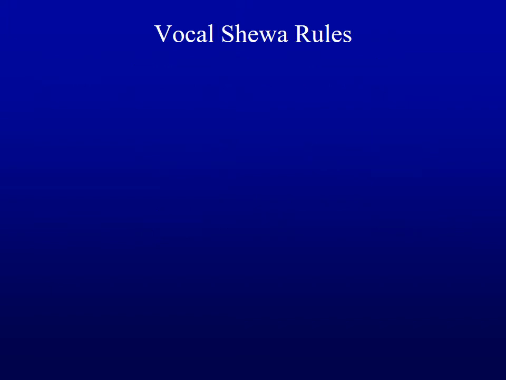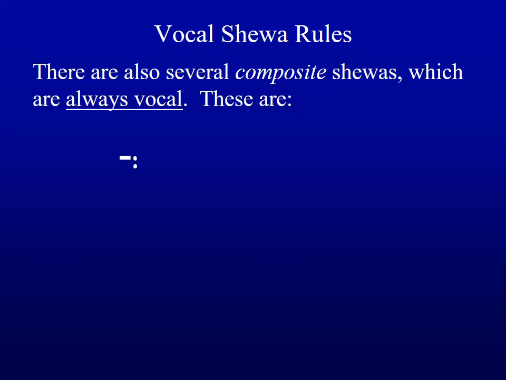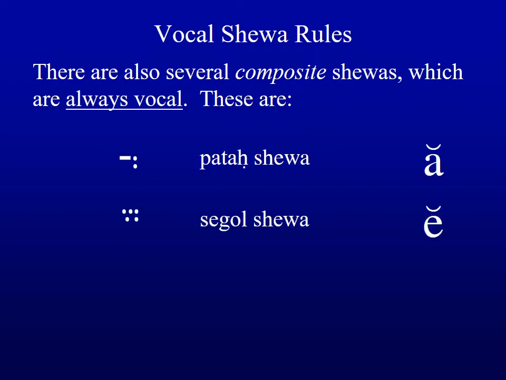There are also several composite schwas, which we learned in the last lesson, which are always pronounced. These are the patak schwa, which is pronounced a, the segol schwa, which is pronounced e, and the kamatz schwa, which is pronounced a. So whenever you see these composite schwas, you will pronounce them.